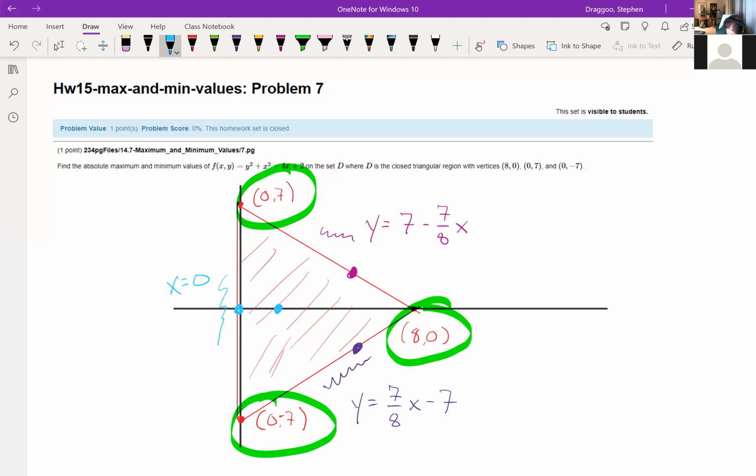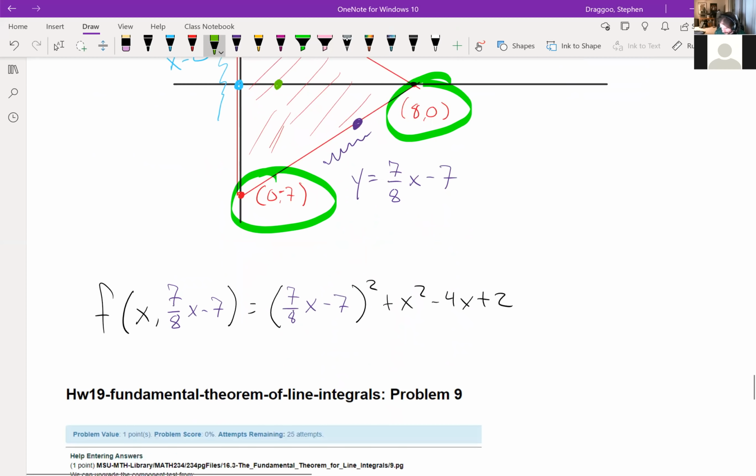So there are 7 altogether. Put that one in green then. There are 3 critical points in the boundary because there's 1 on each line. And then there are also 3 endpoints that I have to check as well, so checking the intersection of each of the 3 boundary lines. So check all 7 points, and then the largest is the maximum, the smallest is the minimum.